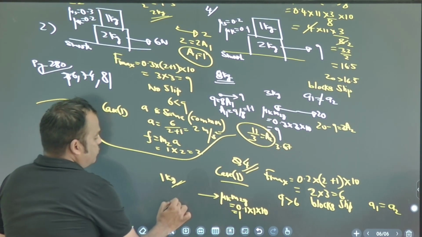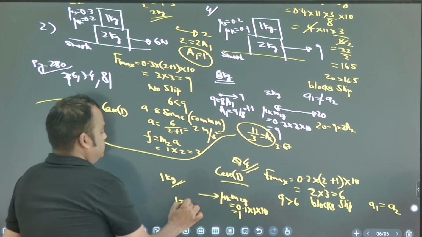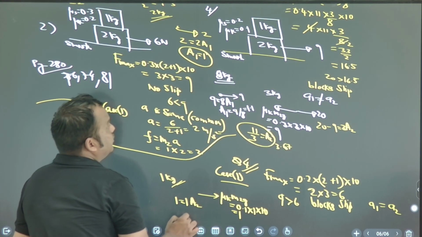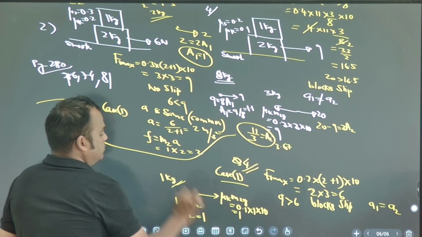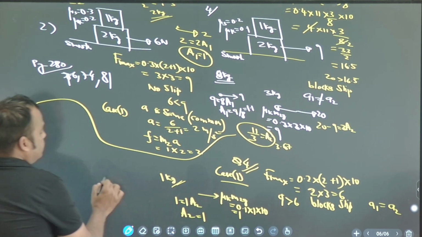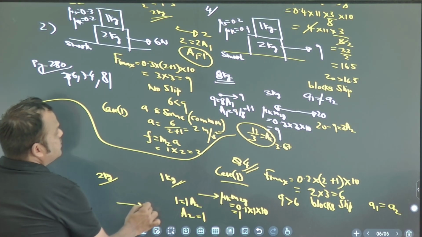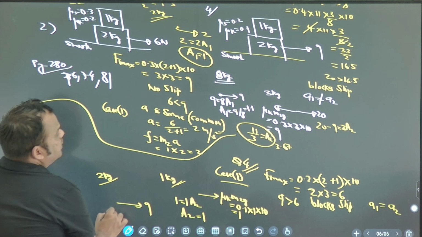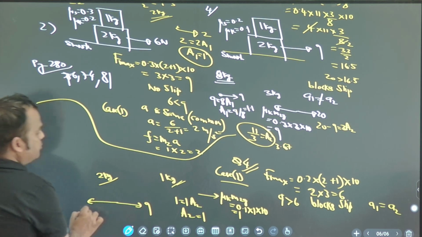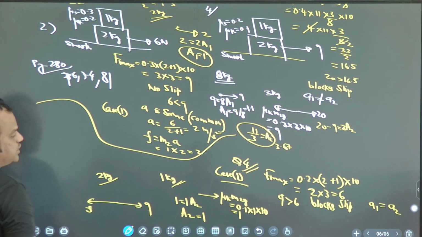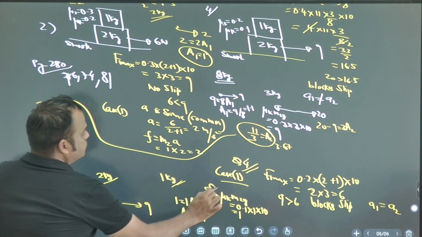So 1 is equal to ma, 1 a2. So a2 is equal to 1. Correct? Now 2 kg. Right side is 9. Left side is mu k m2g. Okay, friction. This is friction.